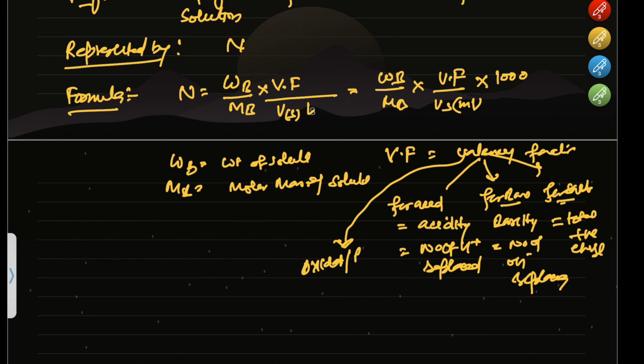For oxidation or reduction, valency factor is equal to the number of electrons lost or gained.